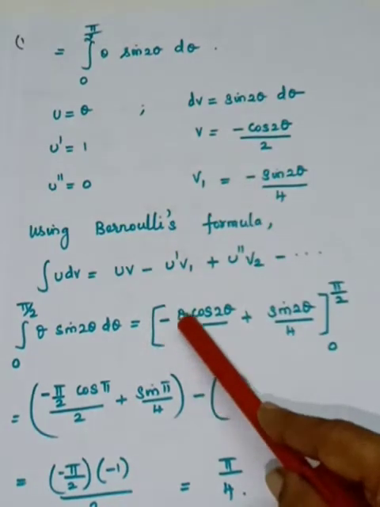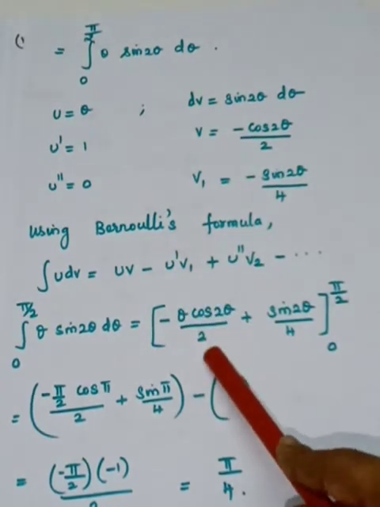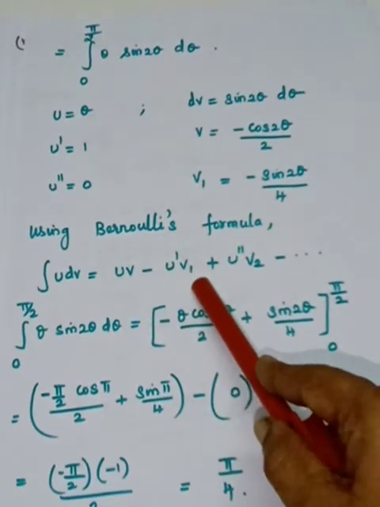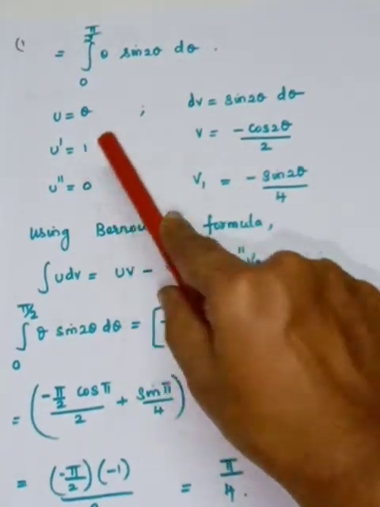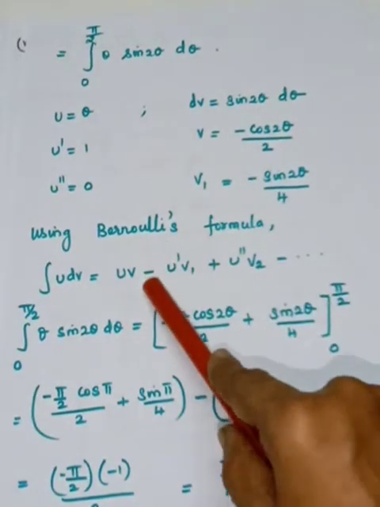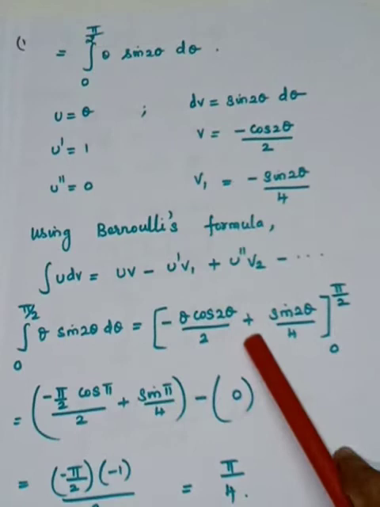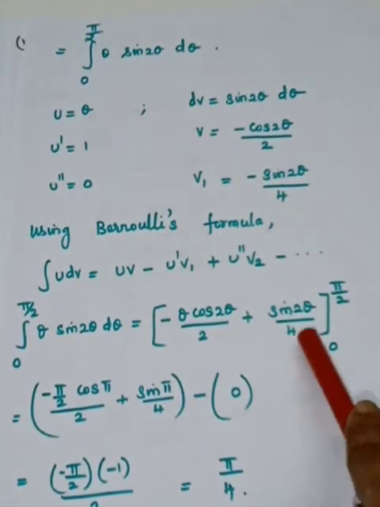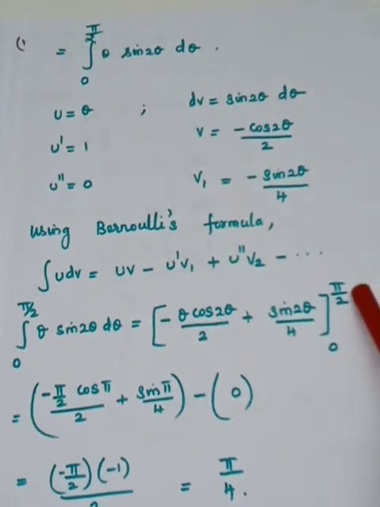So minus theta cos 2 theta by 2, and in between you have minus u dash v1. So this is your u dash into v1. In the formula you have minus, so it will become plus. So 1 into sin 2 theta divided by 4, and the limits vary from 0 to pi by 2.